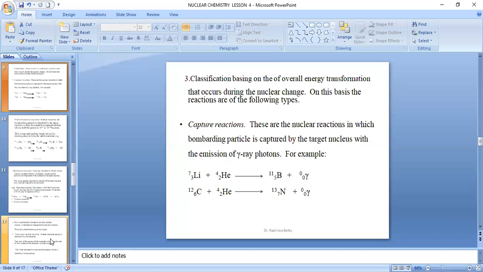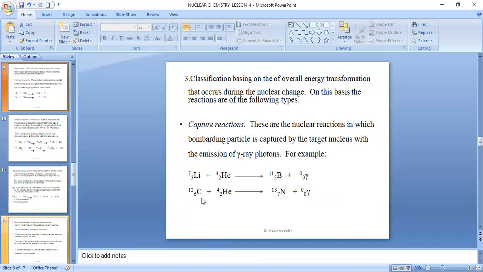The first one is the capture reactions. These are the nuclear reactions in which the bombarding particle is captured by the target nucleus with the emission of a gamma photon. An example is lithium-7, which captures an alpha particle to give boron-11, and also a gamma ray photon is emitted.